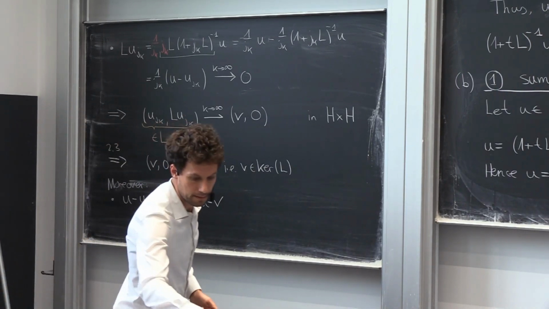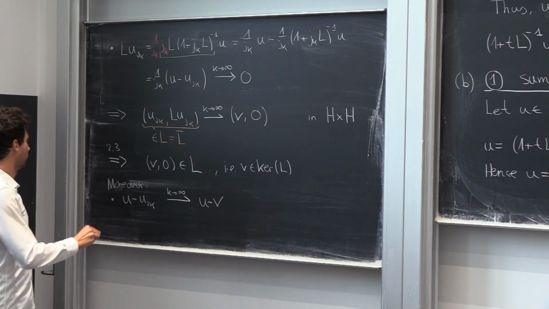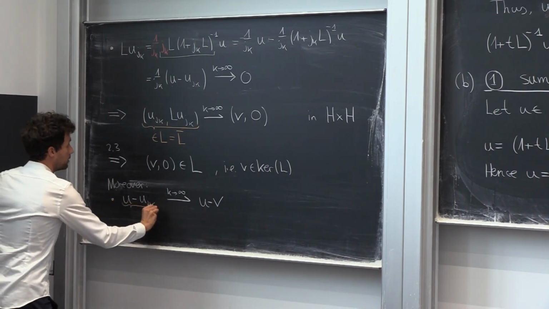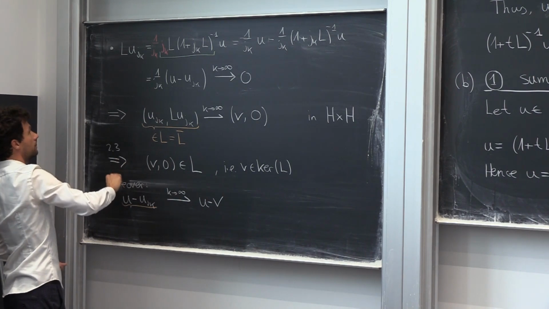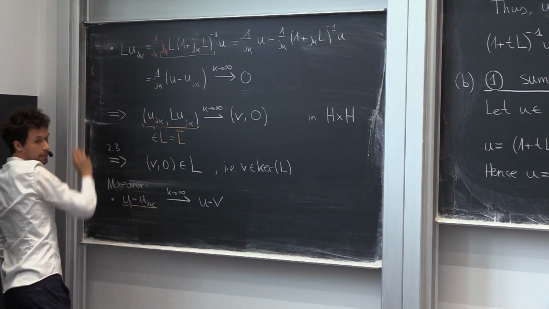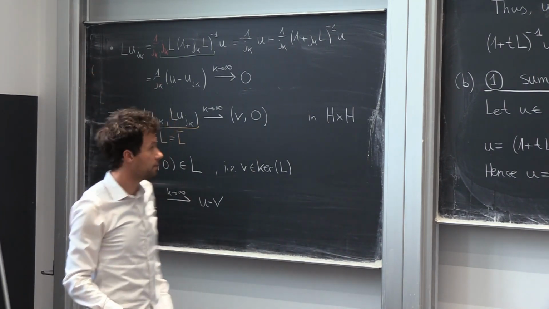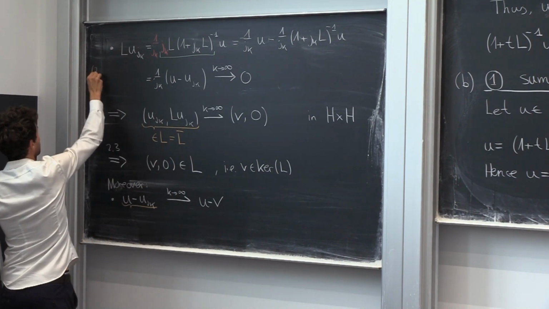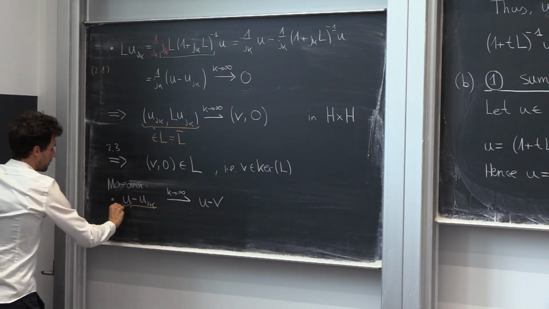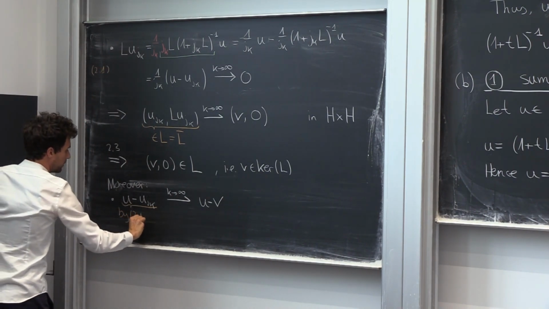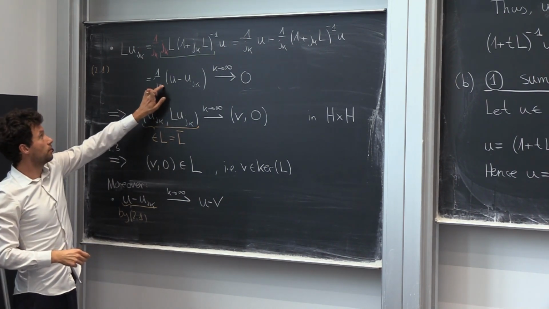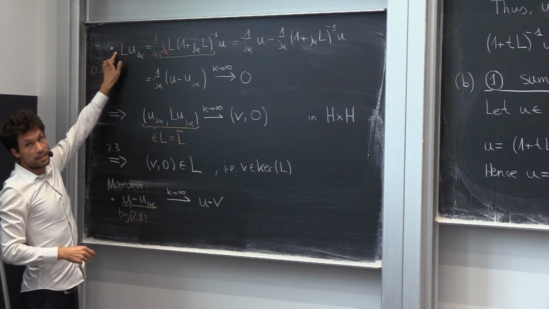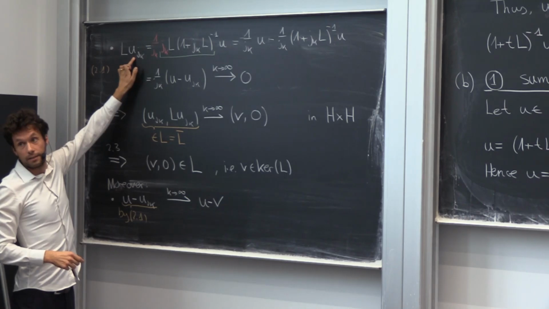Now, is it so? Well, for u minus u_jk, I can go back to here. I gave this a number. This was equation 2.1. By 2.1, I can say that u minus u_jk is, putting this to the other side, j_k times L u_jk.